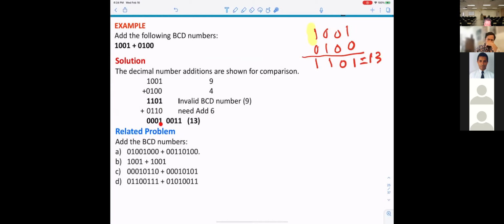1 adding 0, you get 1, 0 adding 1. Let's see, adding number 6.